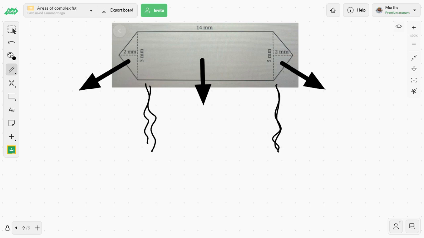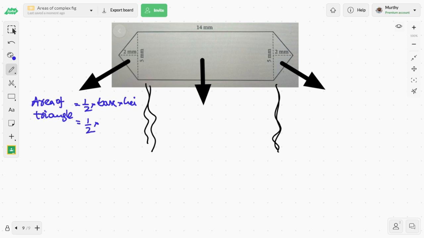So let me write that. The first one, I see that it's a triangle. Therefore, area of a triangle is half times base times height.